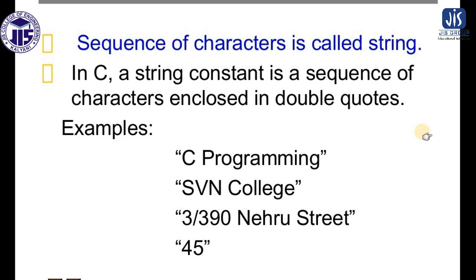As the examples you can see here, whatever we are writing within the double quote, if you can remember the printf statement, within printf we write something in double quote. Whatever we write is basically a kind of string. And in C, all the characters get stored in the form of ASCII value.